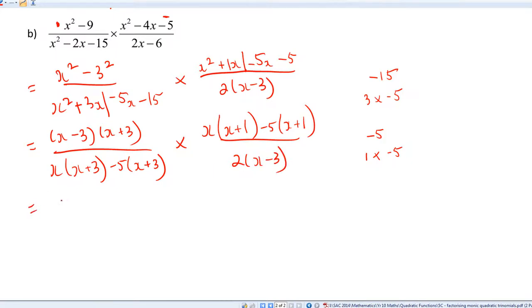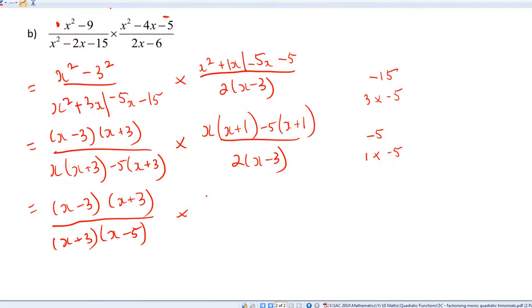Alright, now let's just take out a common factor by grouping. So that's still the same, x take 3, x plus 3, all over x plus 3, x take 5, times x plus 1, x take 5, all over 2, x take 3.